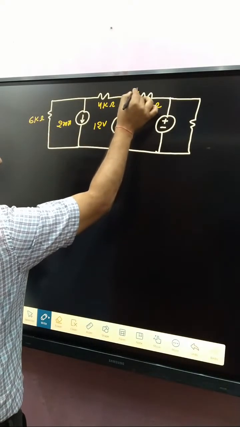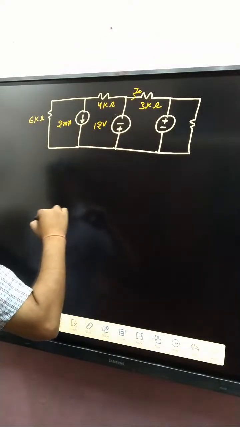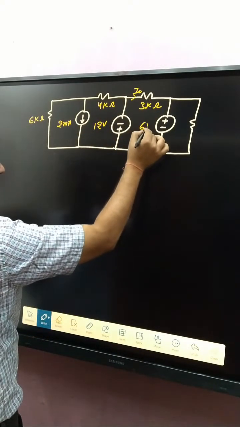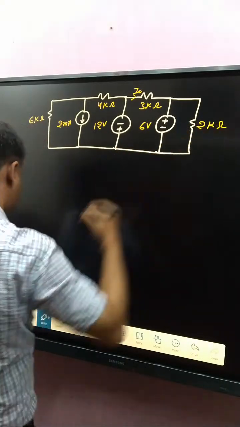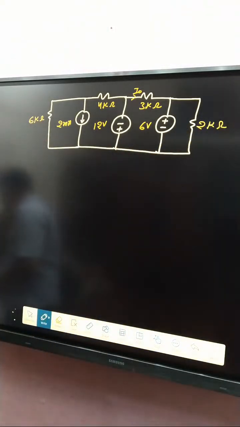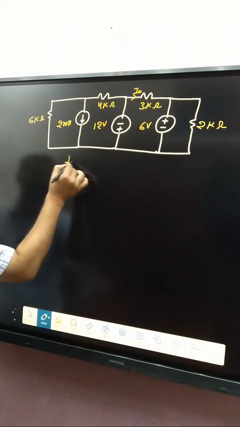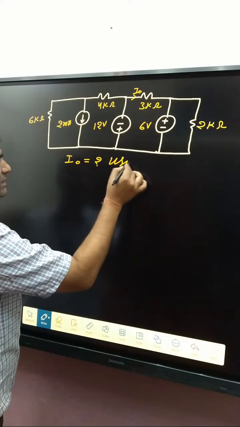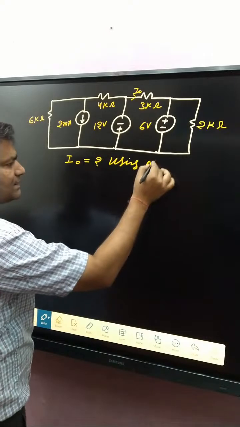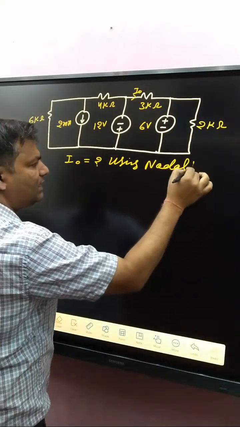Our motto is to determine I naught, and here plus minus 6 volt, and that is 2 kilo ohm. Our motto is to determine I naught with the help of nodal analysis.